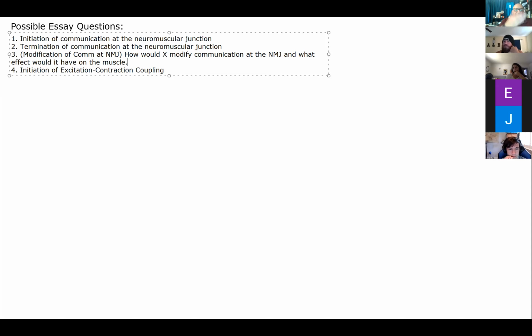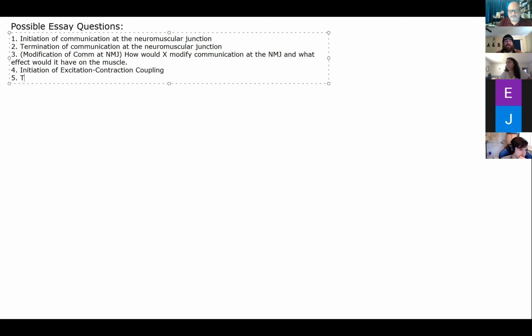But unlike initiation, where I'm going to ask, describe the process of initiation of communication at the neuromuscular junction, I would ask you more specifically about one of the toxins, or come up with something else like we talked about, like increasing the space of the synaptic cleft or something like that, where you show your understanding of this process by understanding how that would change the impact on the muscle. Excellent. What's next?